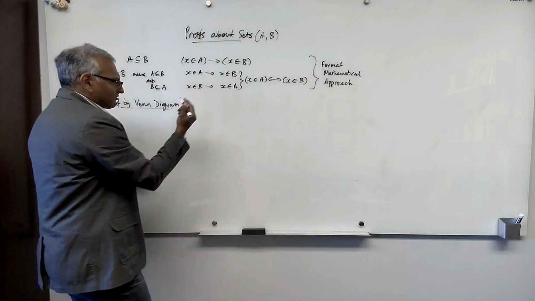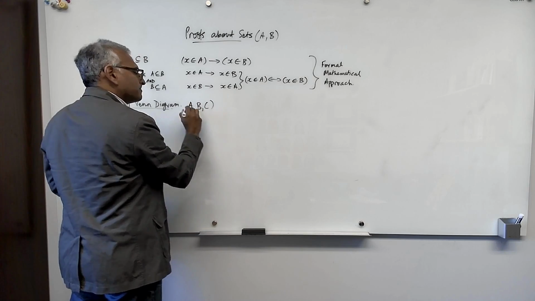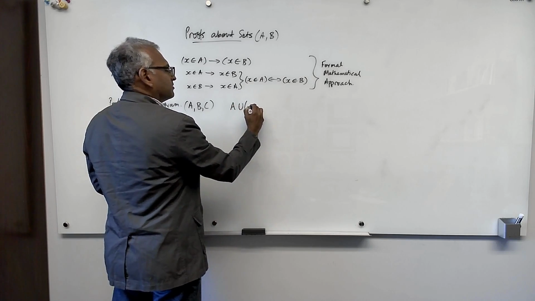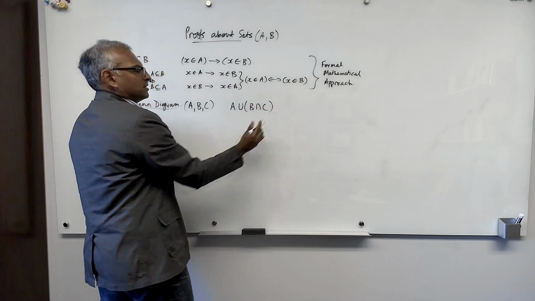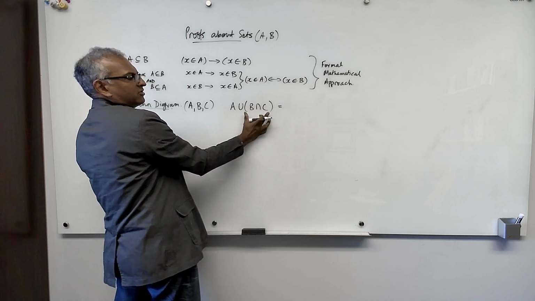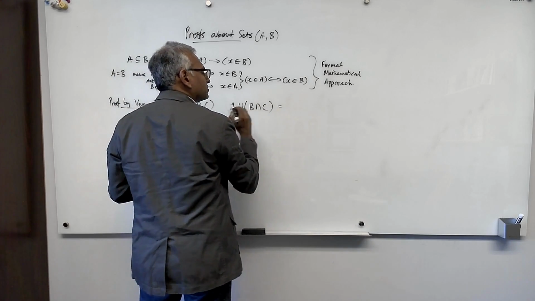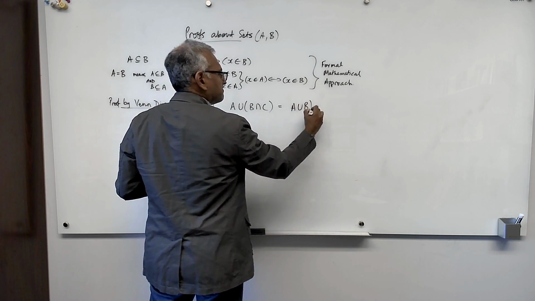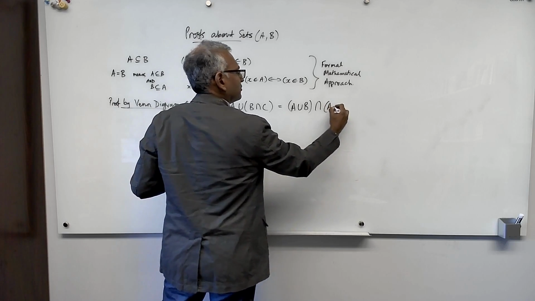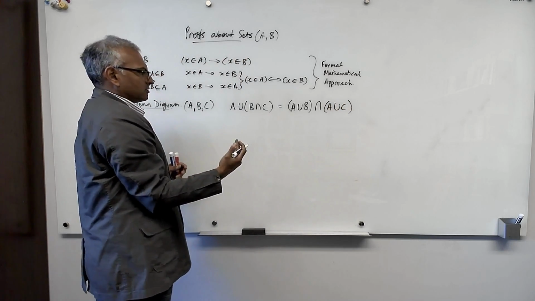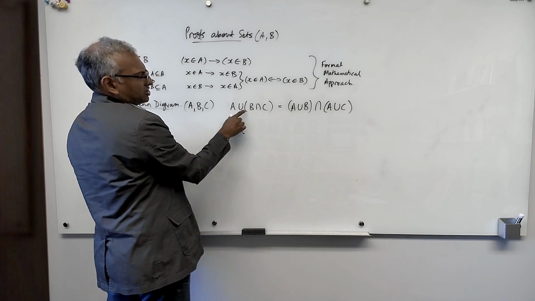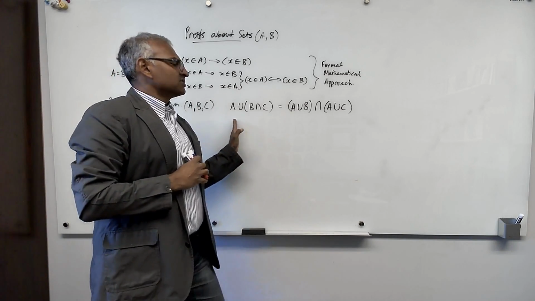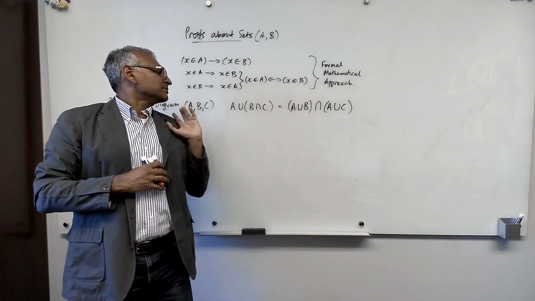Imagine you have three sets, A, B, and C. I claim that A union with B intersection C, the union of A with the intersection of B and C, is equal to the union of A with B intersected with the union of A with C. This is the statement that union distributes over intersection. It's kind of like a distributive law. I claim that this is true no matter what the sets A, B, and C are.